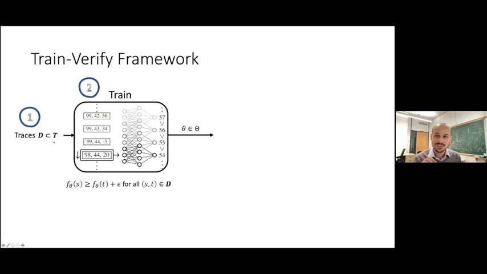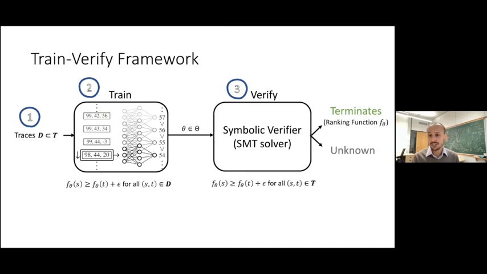But you remember that what we want is that it decreases by a discrete amount over all possible transitions. So this is not all. So training will give a function that behaves as a ranking function over all sample transitions. And what we can do after that is to check whether this also decreases over all possible transitions.